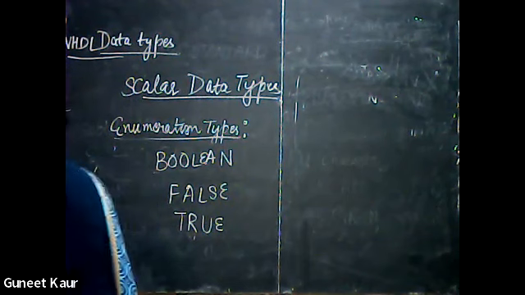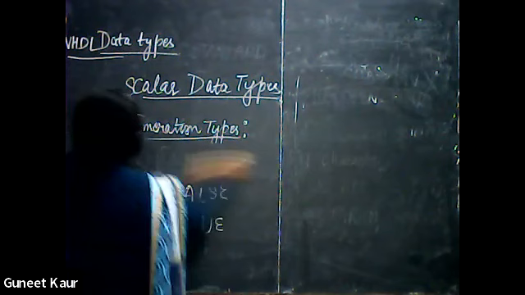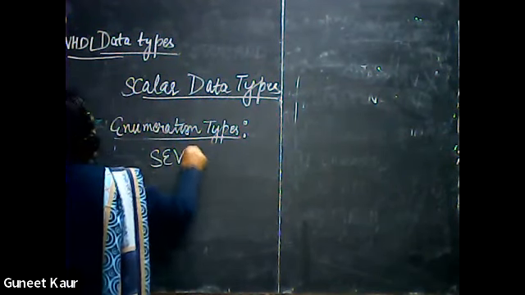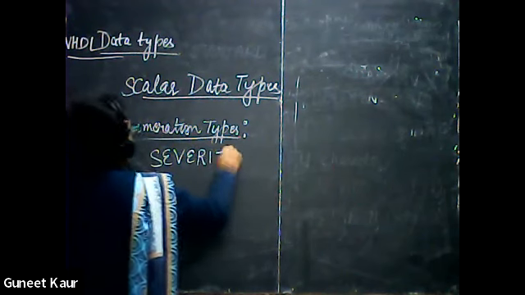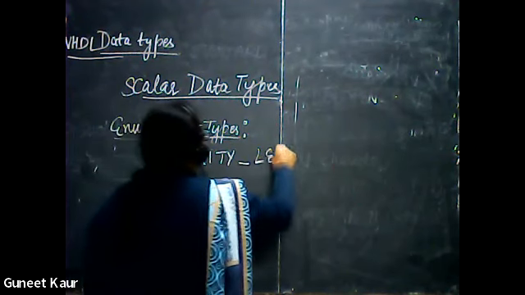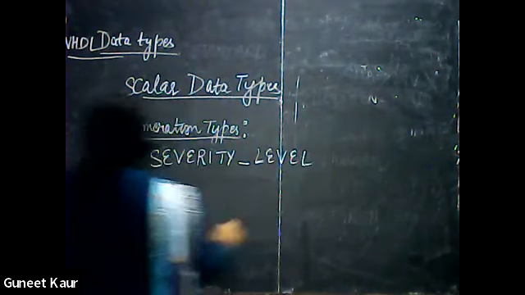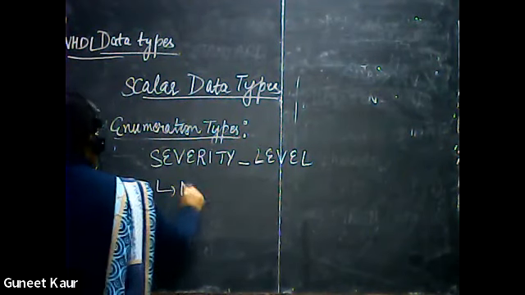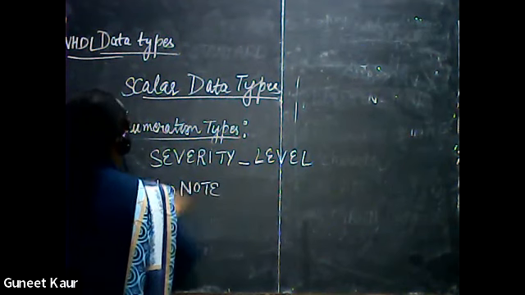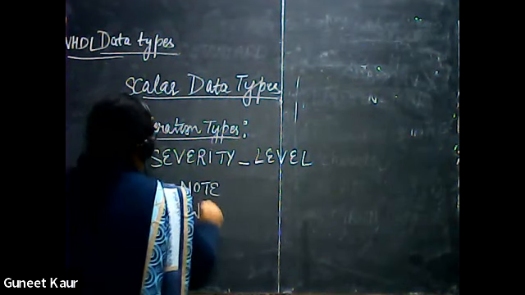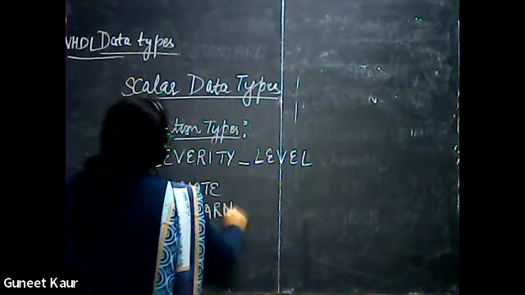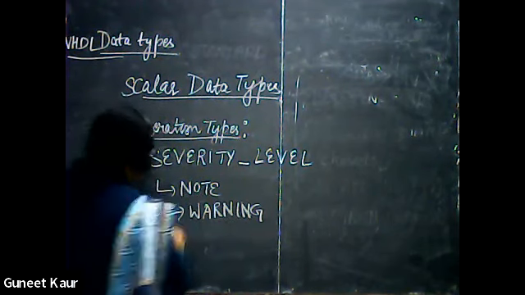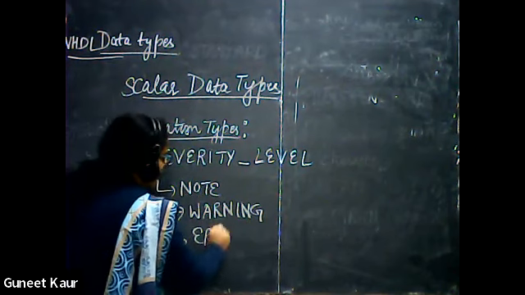Now the fourth one is severity_level. The literals under this predefined enumeration type are note, warning, error, failure.